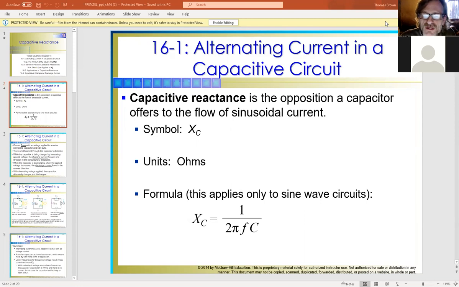The formula is X sub C equals 1 over 2 pi F C. The 2 and pi, 3.14, or 3.14159. I noted the book likes to use 3.1416, which is also correct. F denotes the frequency of the signal being applied, and C, of course, is the actual capacitance.